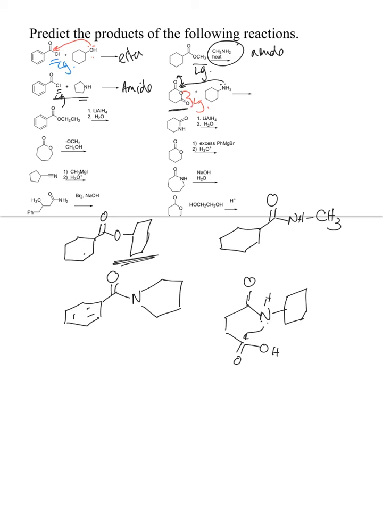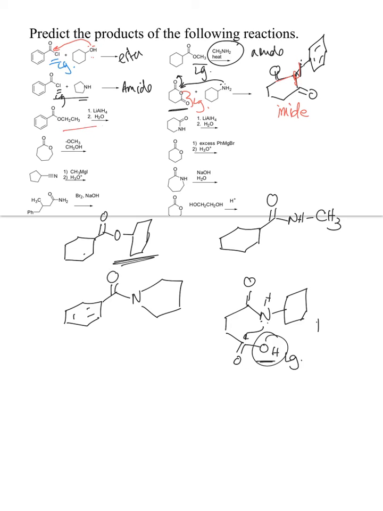So if you protonate this, this could actually leave, and this could also leave. And what's going to happen then is you're going to get an imide. So that's your nitrogen in between two carbonyls, and that'll make an imide.